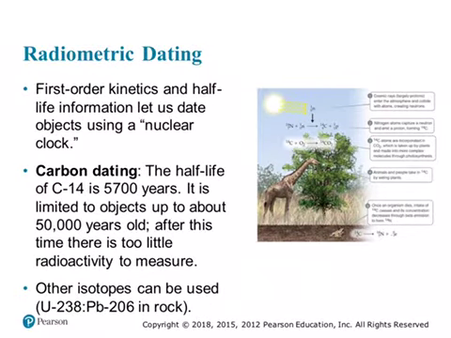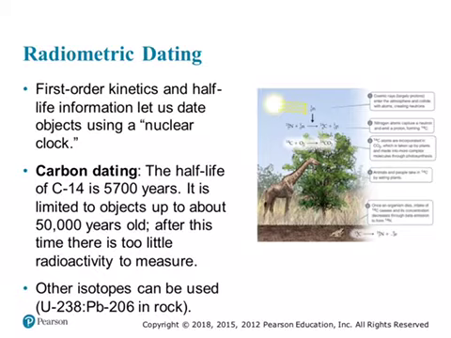So I think the best way to understand how radioactive dating works is to look at carbon dating, because you know that all organic material that's either currently living or once living contains carbon. And the half-life of carbon-14 is about 5,700 years. So it's limited then to objects that are no more than 50,000 years old.